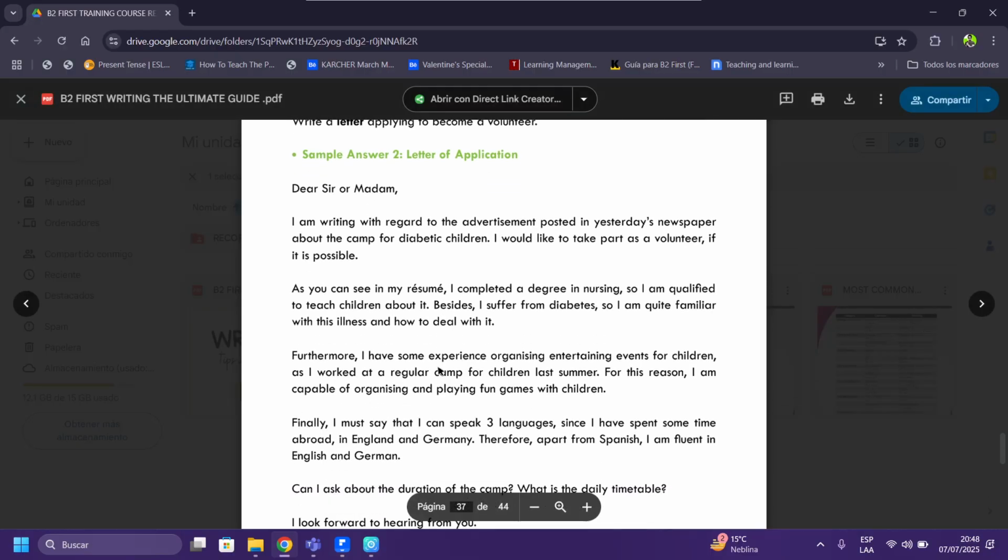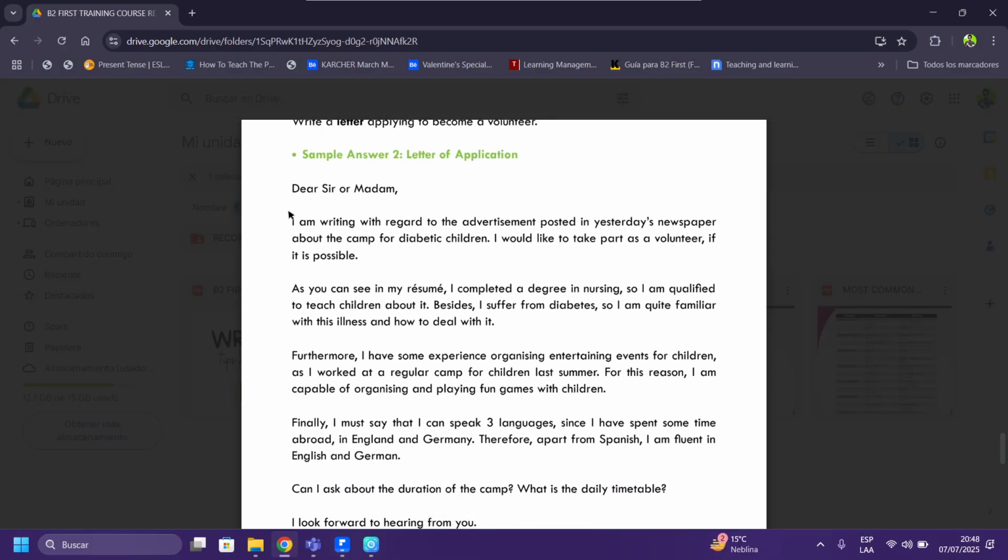It's similar to the email. You have to start with the greetings, and in the opening paragraph, you have to describe where you saw the announcement and what the job is that you are asking for.